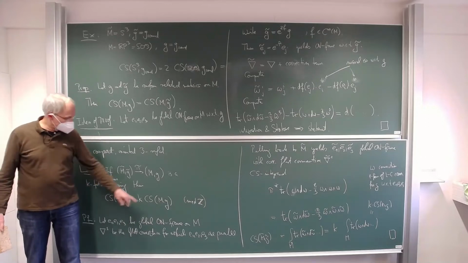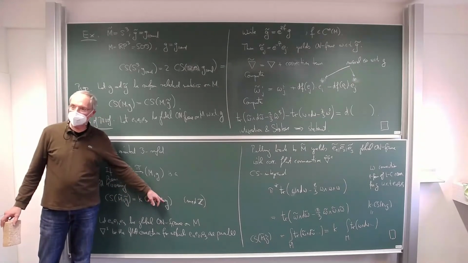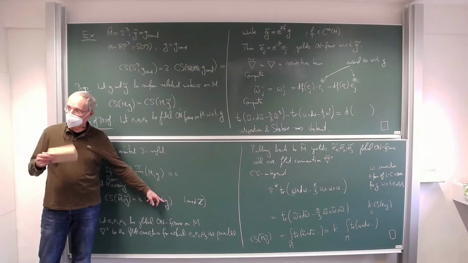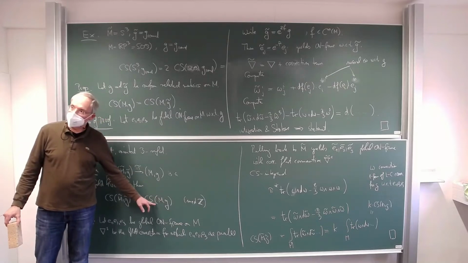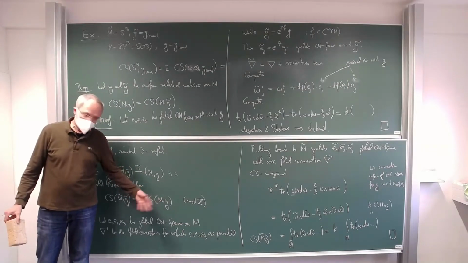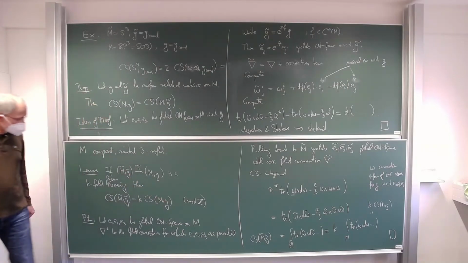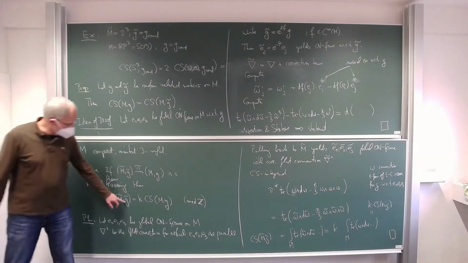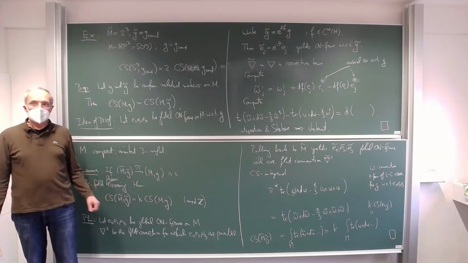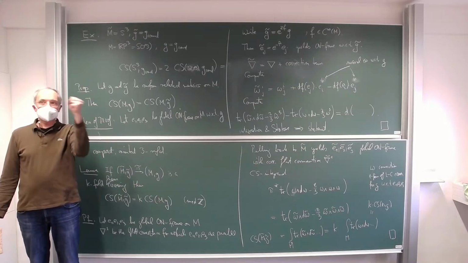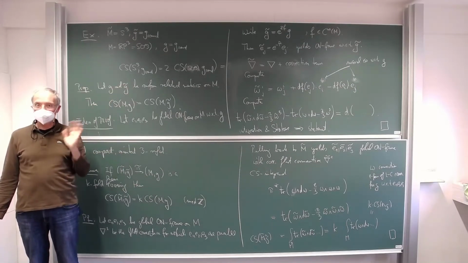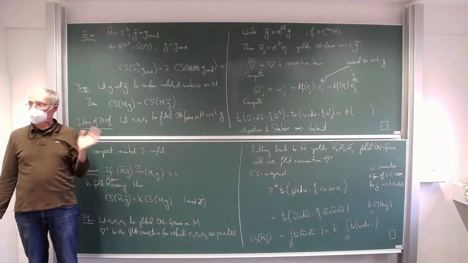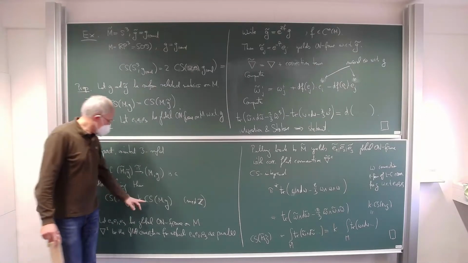If you pull back the metric by a diffeomorphism, the Chern-Simons invariant doesn't change either, because this diffeomorphism is an isometry between the two manifolds, and the Chern-Simons integrand and the integral will be the same. So you might have two different metrics such that, when pulled back by some strange diffeomorphism, one becomes a function times the other, and that's not so easy to see or to rule out. So for this kind of thing, this might be useful.